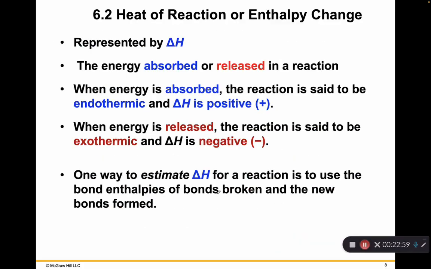Now, to keep track in a chemical reaction of whether the process is releasing energy or requires energy input, we look at the changes in energy. Whenever it is related to a chemical reaction, we call it enthalpy.